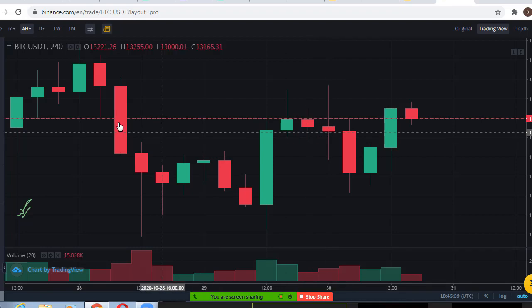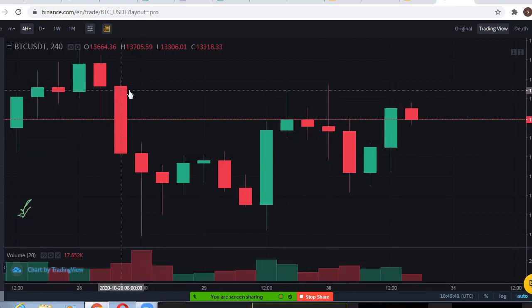Okay, now the same thing happens to a bearish candle. Remember I said when price is coming down, it forms a bearish candle. So from this point, this is the opening price, and this is the closing price. We have the highest high, and this is the low of the candle.